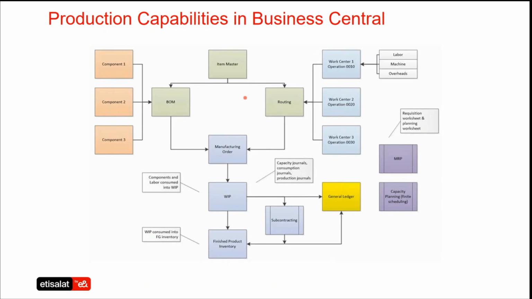You can manage your production process based on the direct sales order or on the forecasting of your orders. You can start doing your production planning accordingly within the system itself.